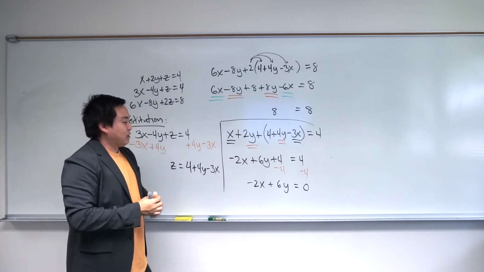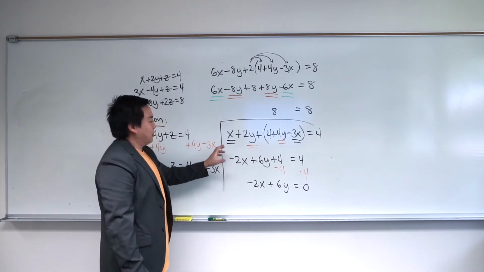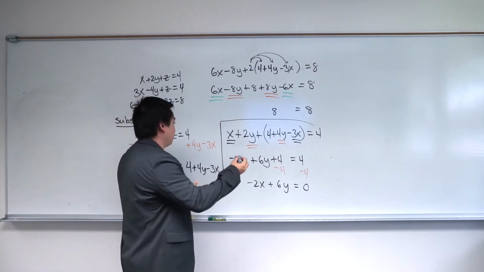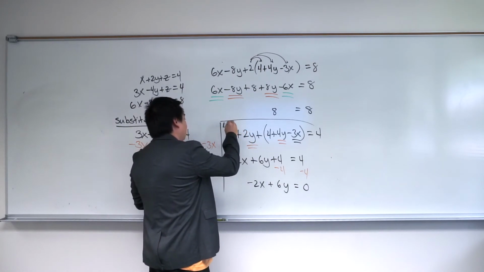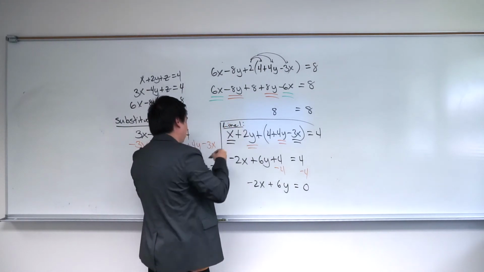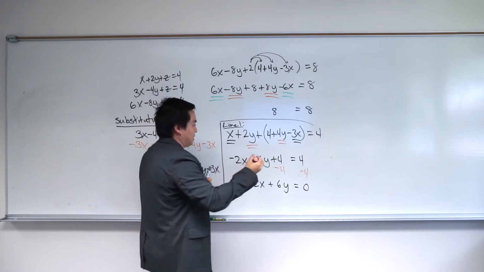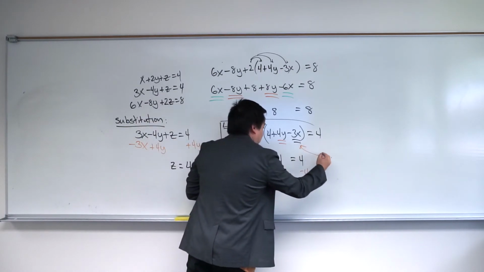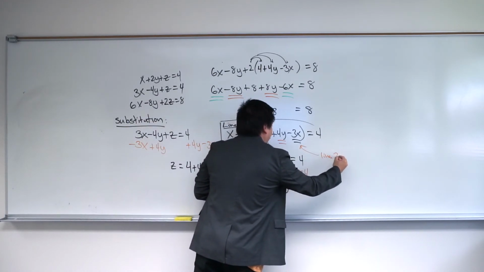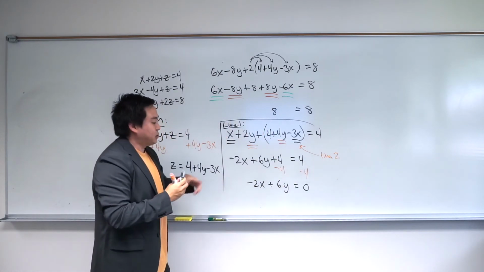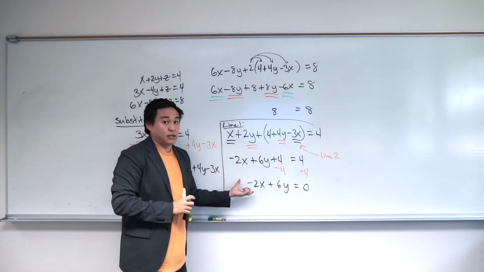Now, what this tells you is that line 1, which is this one, and this one, which is line 2, they intersect at this line.